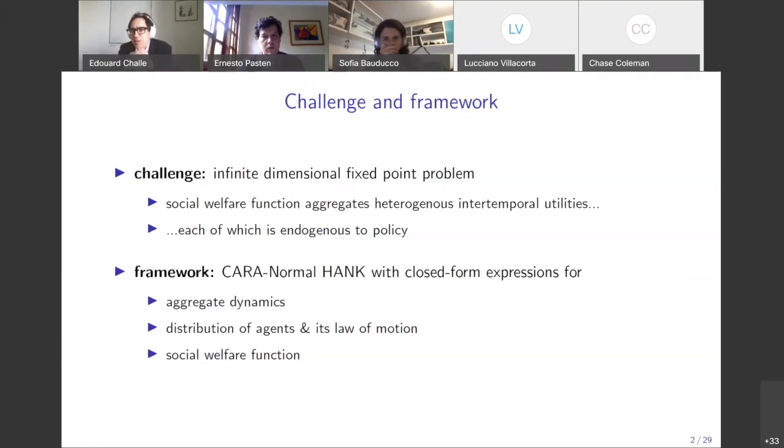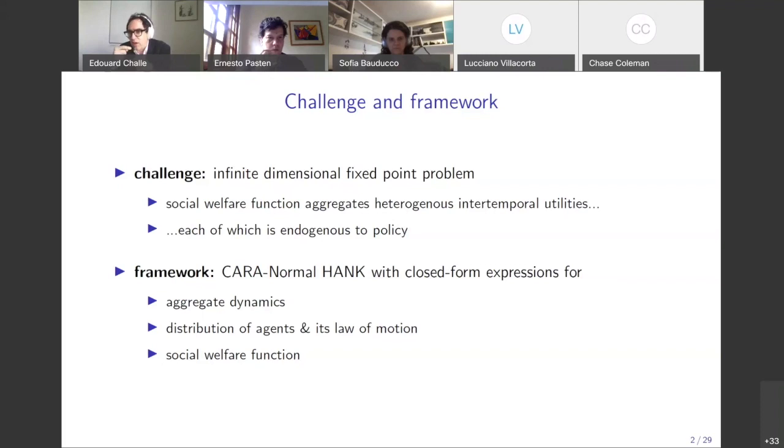We can explicitly, under our assumptions, compute the distribution of agents and its law of motion over time. So we do have a closed form expression for the cross-sectional distribution and for the law of motion of the distribution of agents. And we're going to use that to analytically compute the social welfare function.